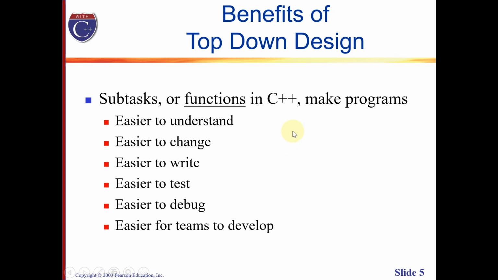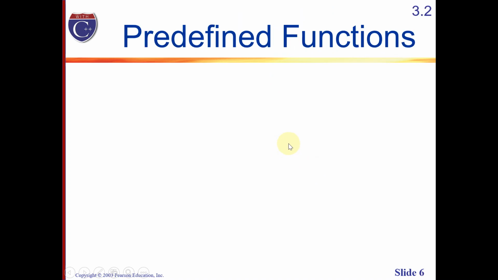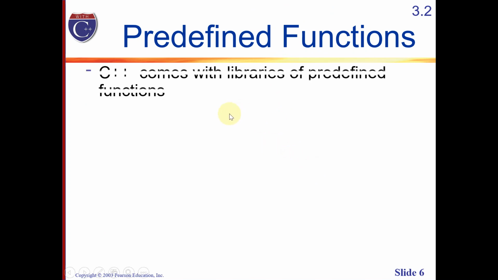Talking about functions, there are different kinds of functions in C++. First, we have what we call the predefined functions. When we say predefined functions, these are functions that come with C++ in the form of libraries. Usually, these kinds of functions are stored in C++ libraries.